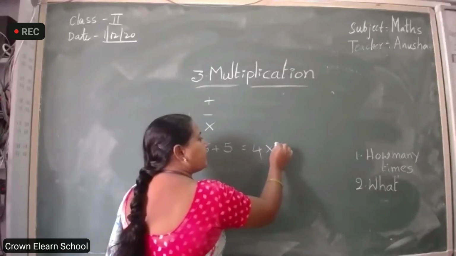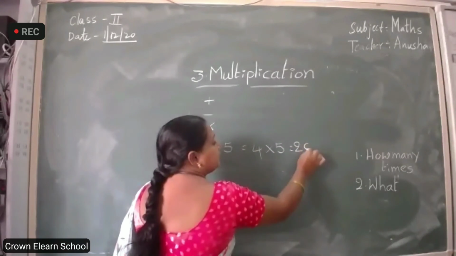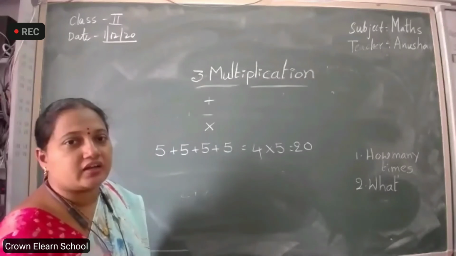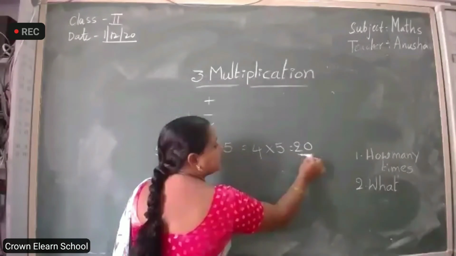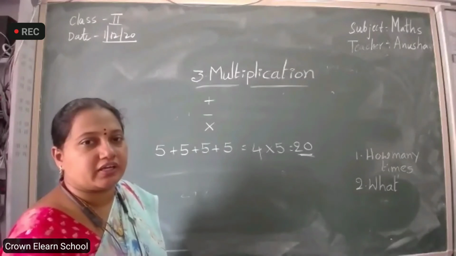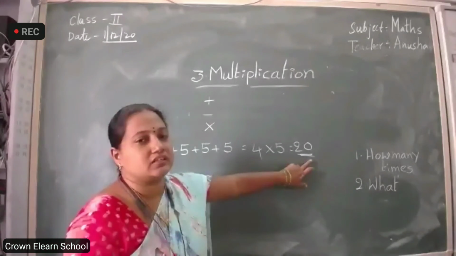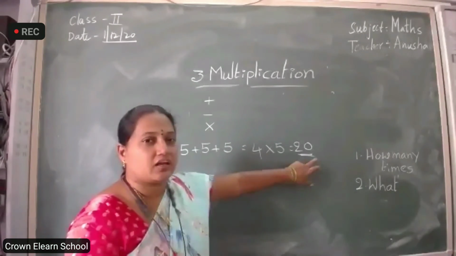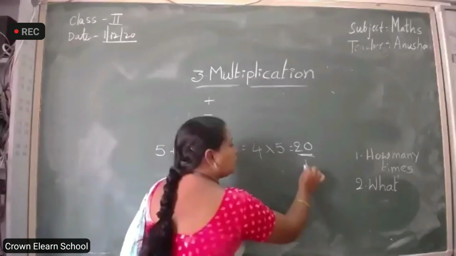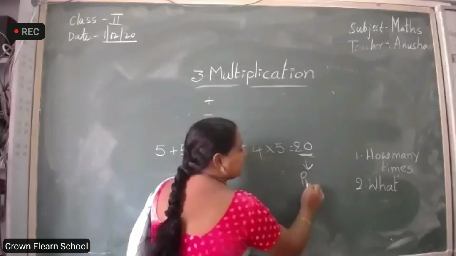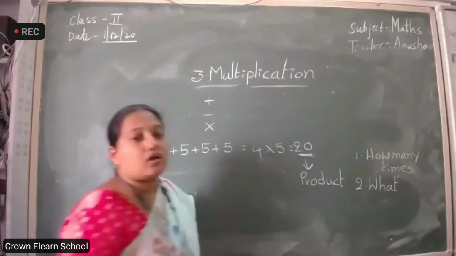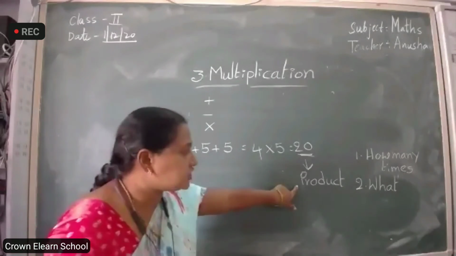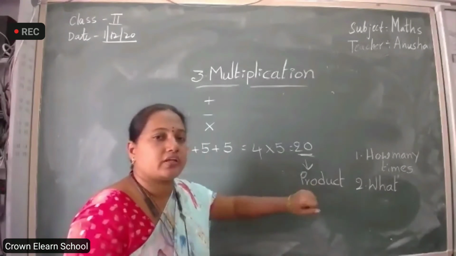So 4 5s are 20. Here 20 is the answer in multiplication. This answer we call product. What we call? Product.